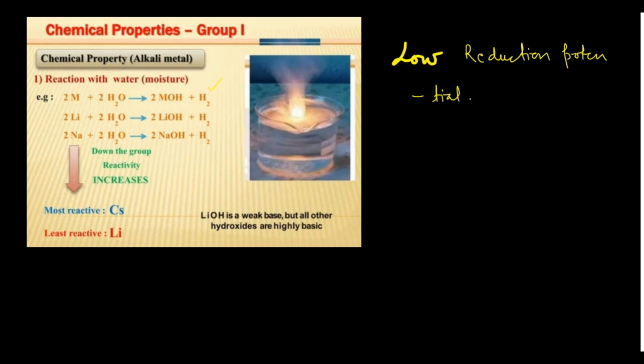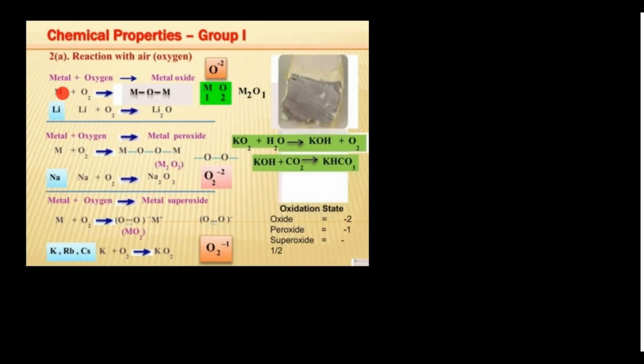Now moving to the next property: my next reaction is the reaction with oxygen. How do these react with oxygen? It is again a very important one, and lots of questions in the JEE Main examinations come from this particular topic. Here you can see the metal reacting with oxygen, and a metal oxide is formed.